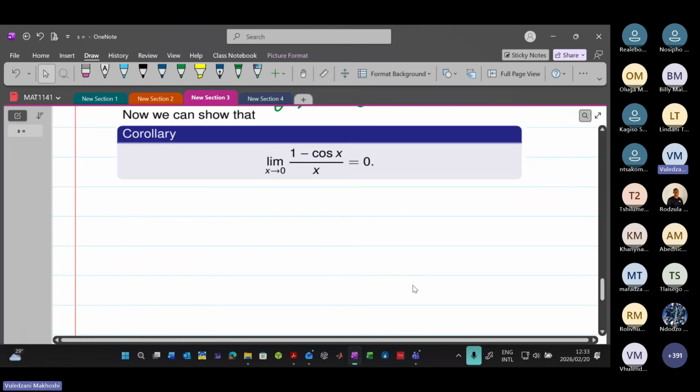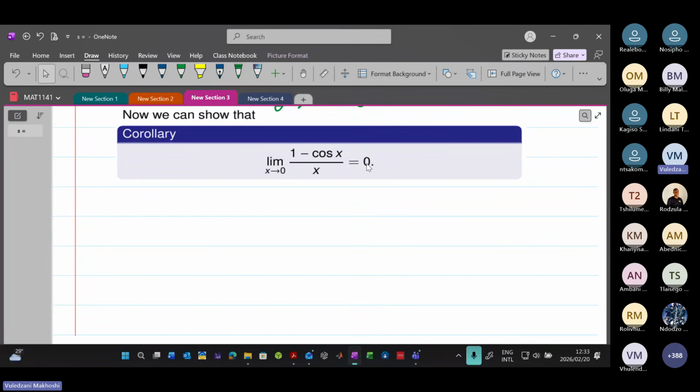Okay, then the next thing is for us to look at this corollary, that the limit of 1 minus cosine of x over x when x is approaching 0 is equal to 0. So it's something which we should know, and let us do it quickly. Proof.